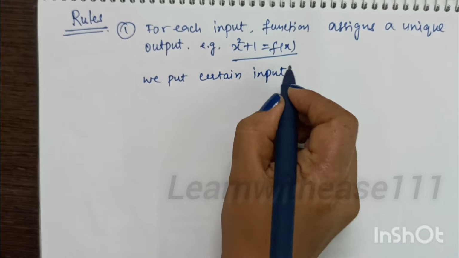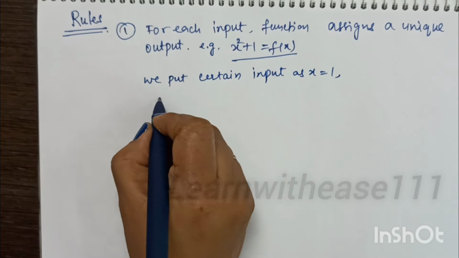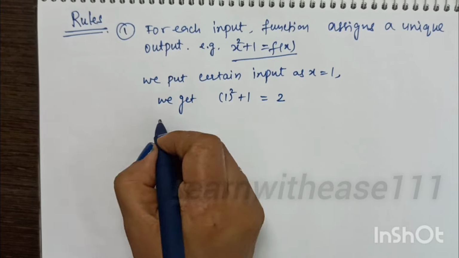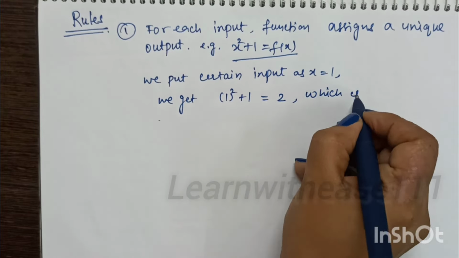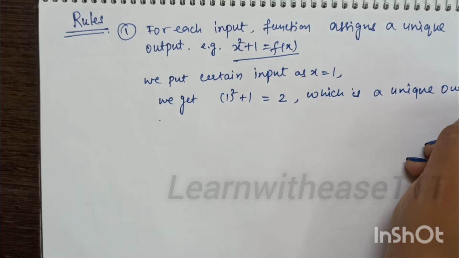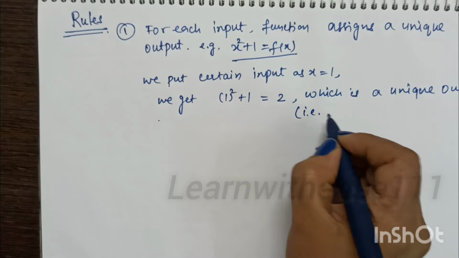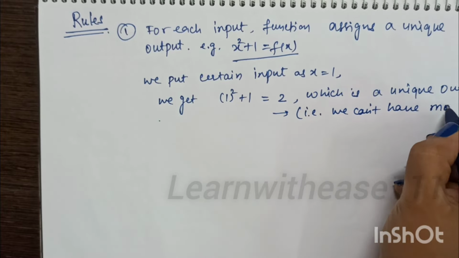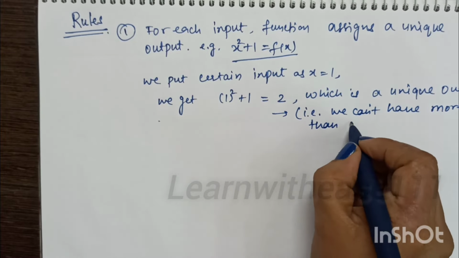If I give a certain input, suppose x is equal to 1, I'm substituting here, so I'll be getting 1 square plus 1 as 2, which is the output, and this output is unique, meaning I'm getting a single value. I'm not getting more than one value. So this is the first rule.